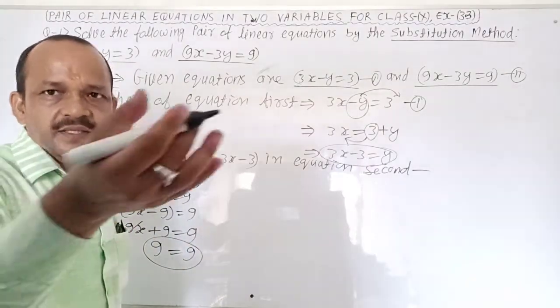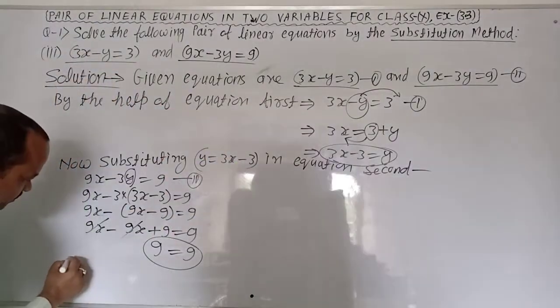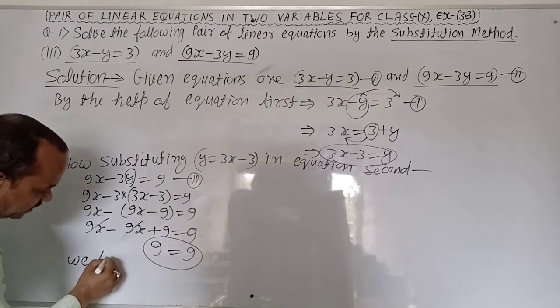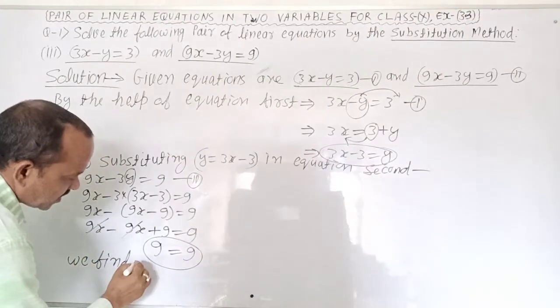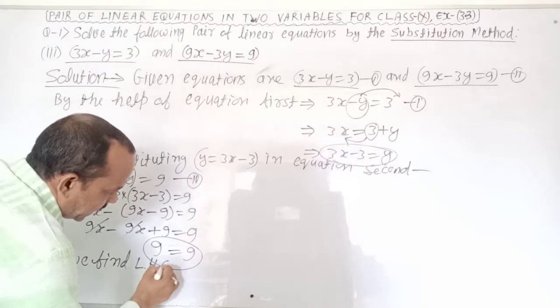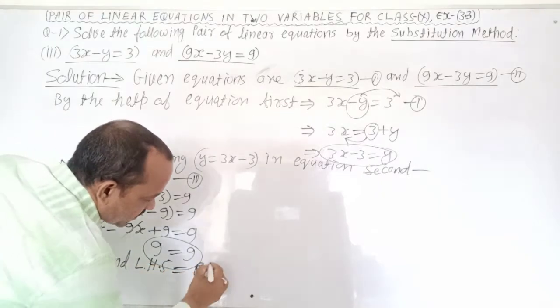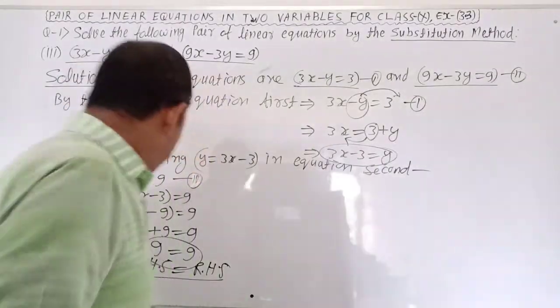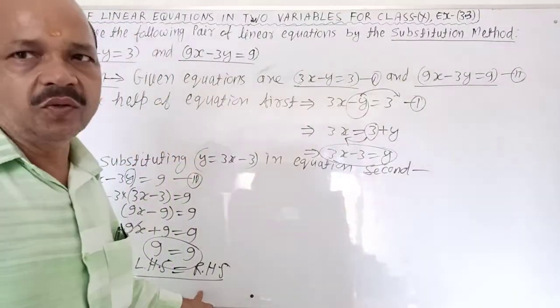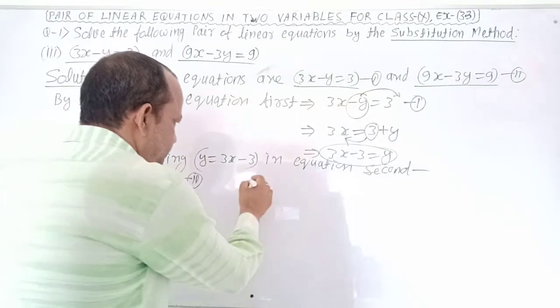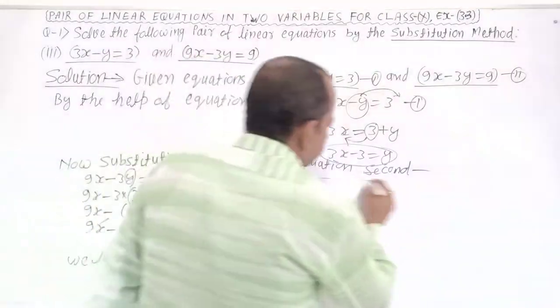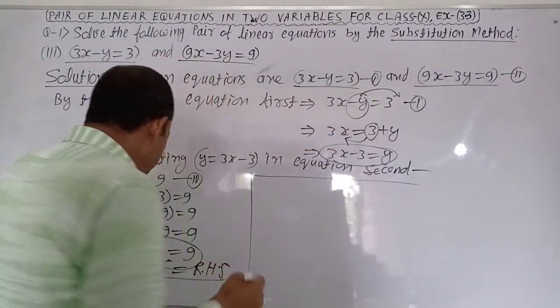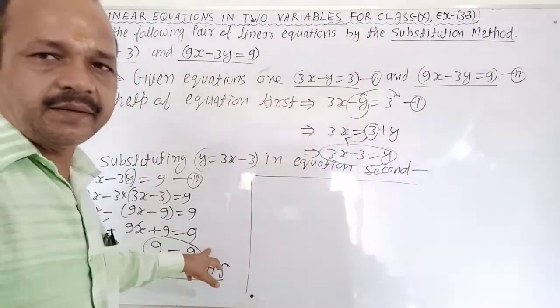Both sides are the same. We find LHS equal to RHS, which here is 9 equal to 9.